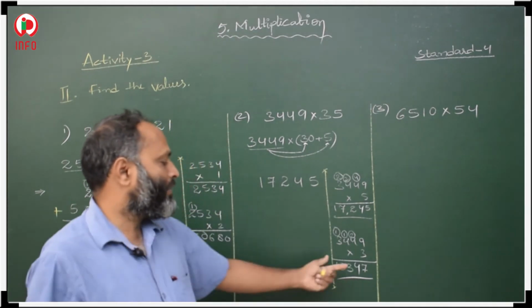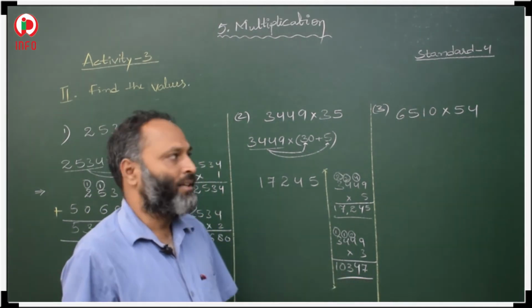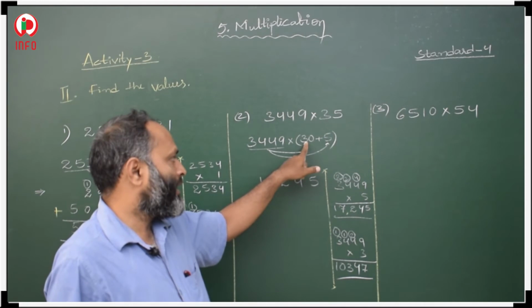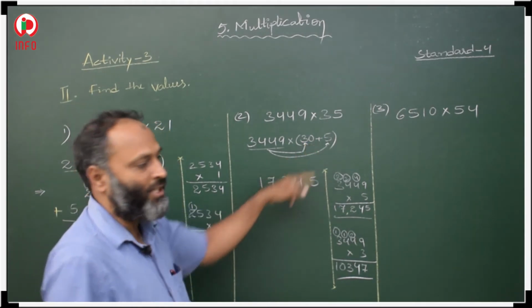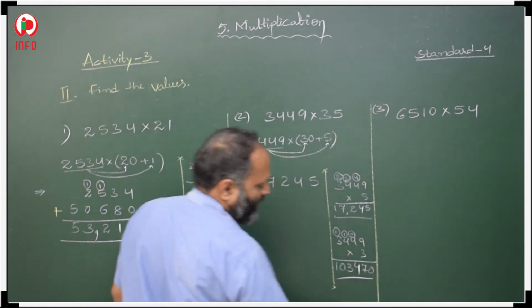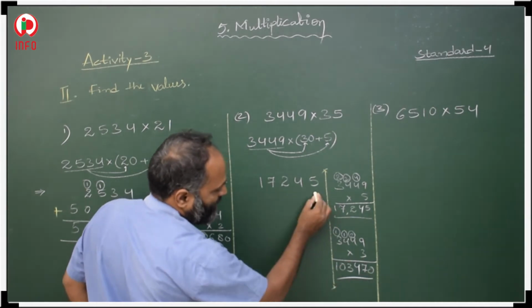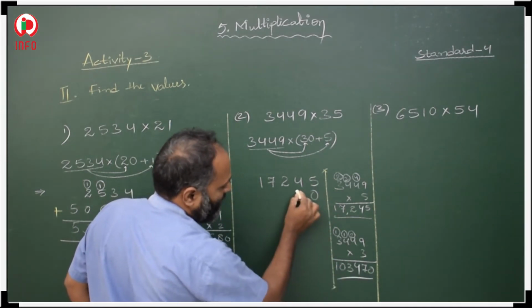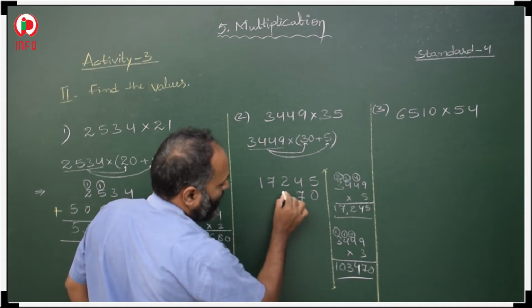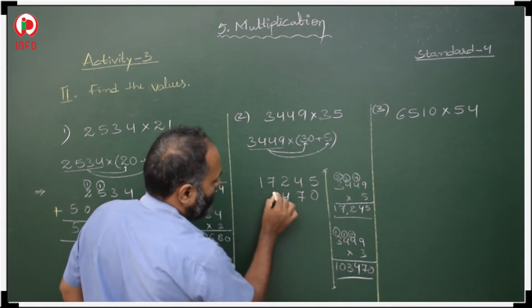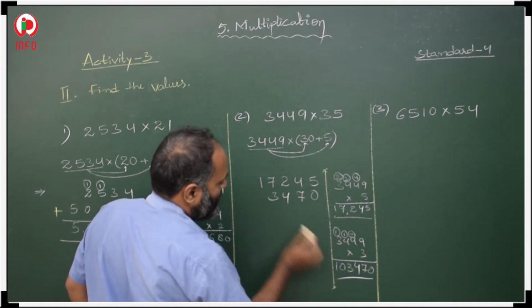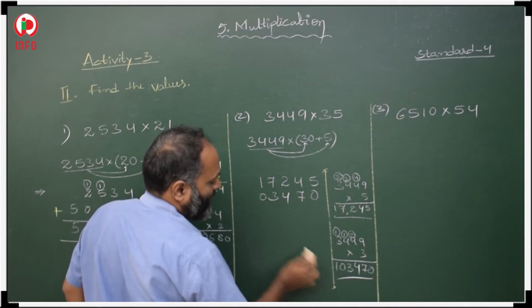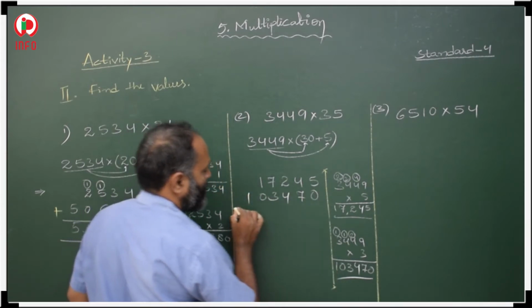When we multiply with 3, 10,347 is our answer. Then here it is not 3, it is 30, one 0 is there, so we keep one 0 here. Then how to write? First 0 in ones place, 7 in tens place, 4 in hundreds place, 3 in thousands place, 0 in 10,000s place, 1 in lakhs place.